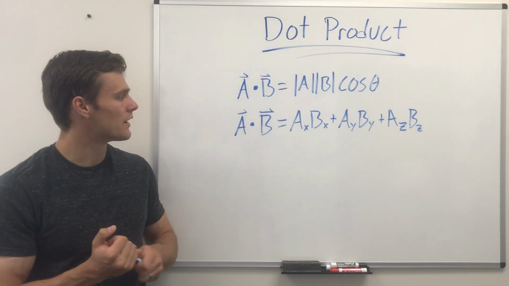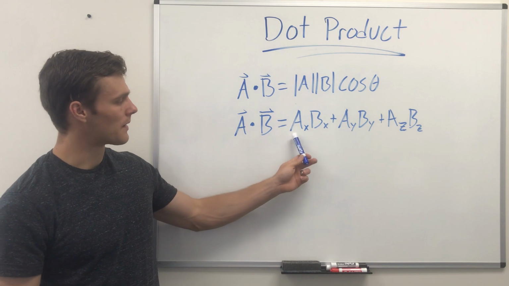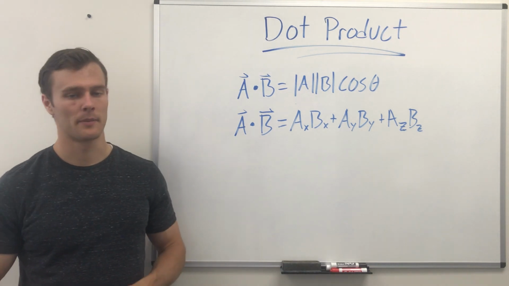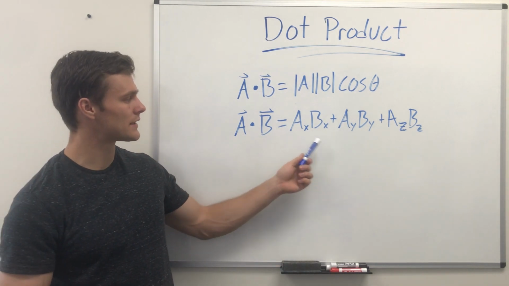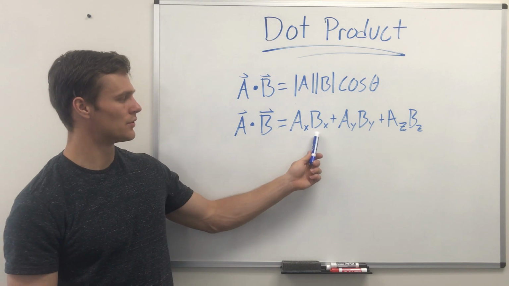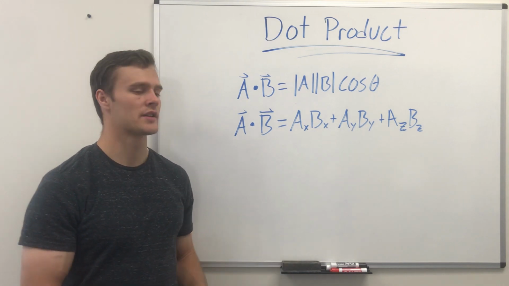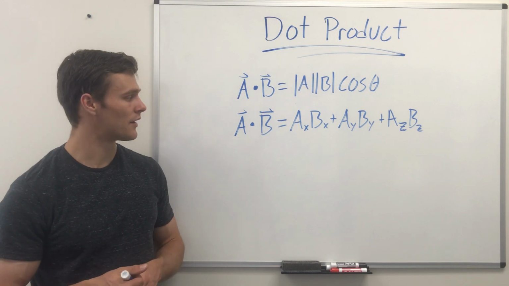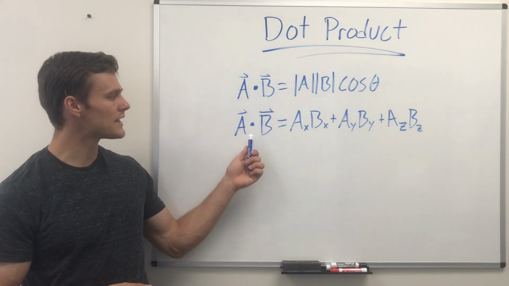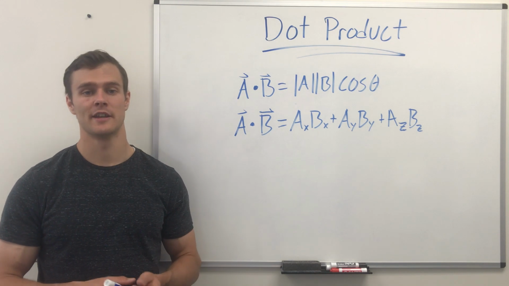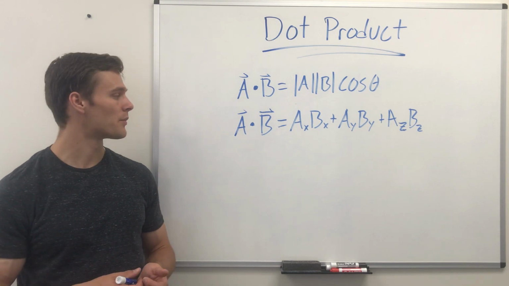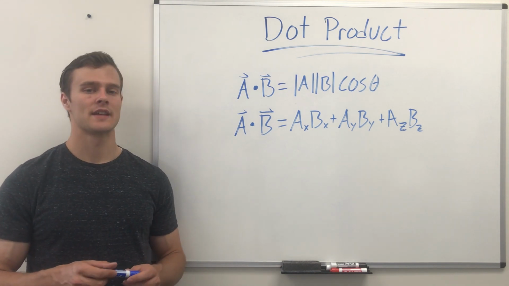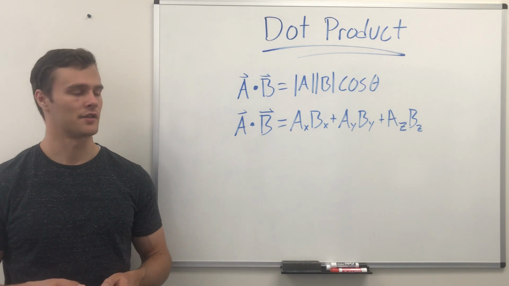So what you're doing here is multiplying their components together and then adding them up. As you can see, there's no direction in here. It's just the magnitude of each of the components multiplied together and then added up. And so you just get a number value. To be honest, in my experience, this is the most common way you'll use the dot product. And I think the place that I've used it most is in calculus.